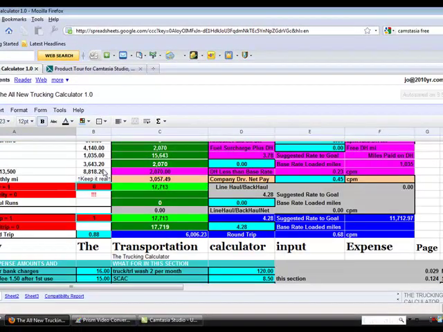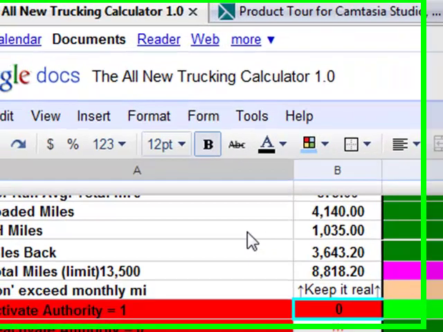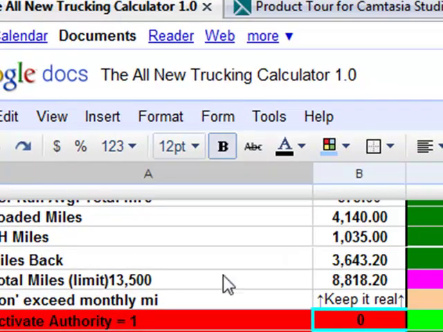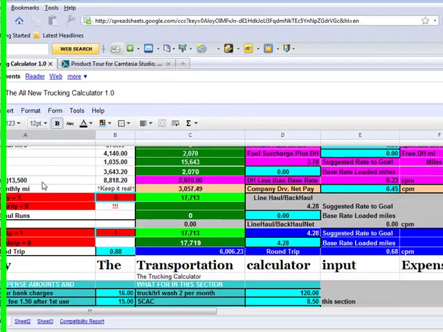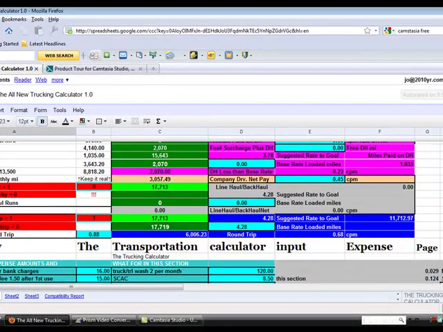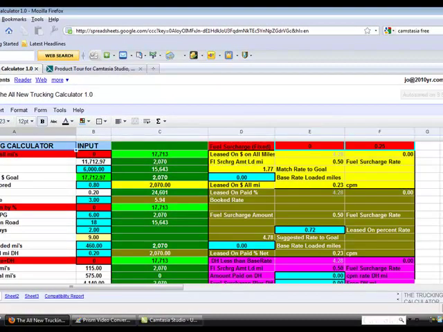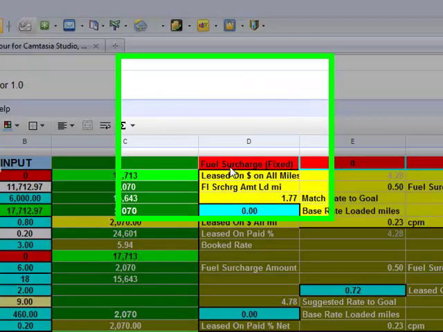When you get down here, it shows you loaded miles per month, deadhead miles per month, miles back per month, and the total miles. Your total miles shouldn't exceed 13,500, or you're probably doing something pretty illegal here. Okay, if you're an individual.